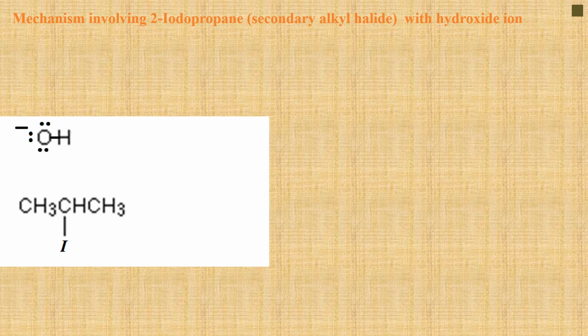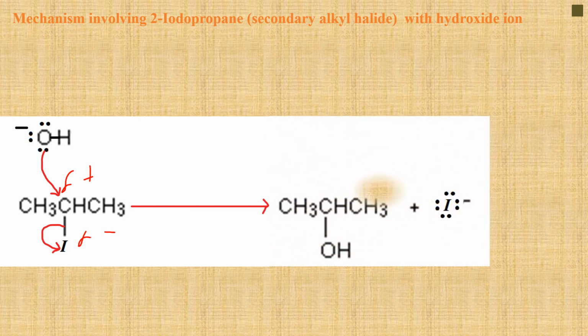Let us start with the SN2 mechanism. The alkyl halide has poles like the other alkyl halides we saw before, and the carbon is partial positive while iodine is partial negative. The positive charge on carbon will attract electrons from the nucleophile, and these electrons will repel the electrons of the bond between carbon and iodine, which will result in the formation of iodide ion and an alcohol.